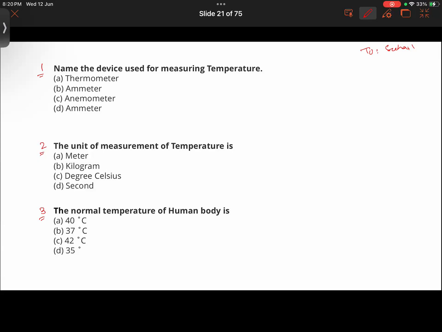Very good, Suleiman. That is correct. Yeah, Fatima, for the first one, your answer is correct.